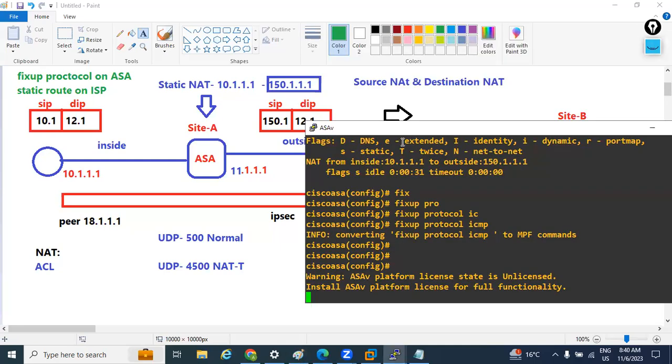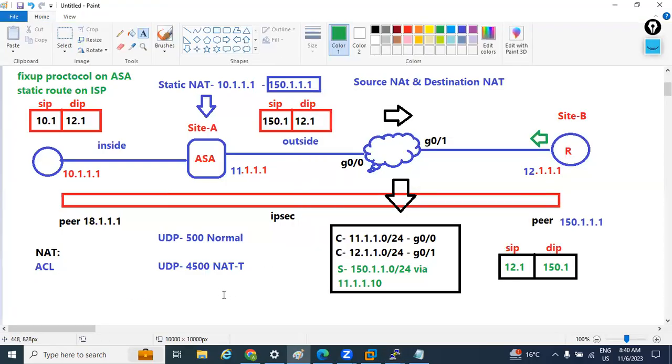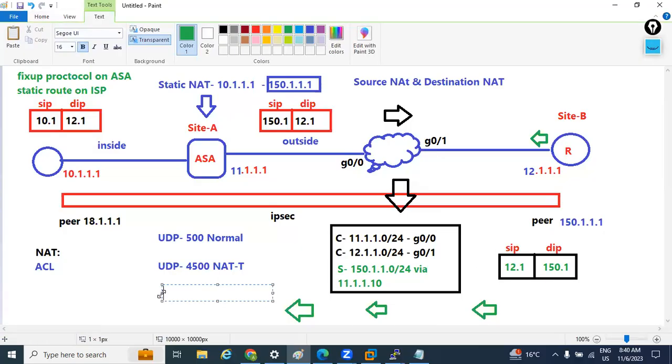In the ASA, first NAT would happen, and then the ACL. So when your reply comes back here, first of all untranslation would happen. As step number 1, it would convert 150.1.1.1 into the private IP, which is 10.1.1.1.